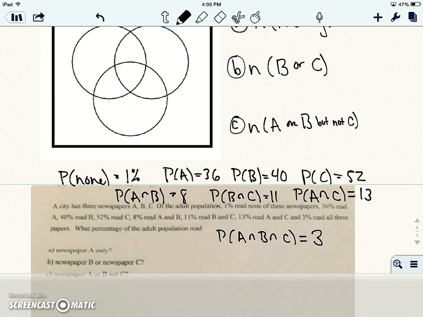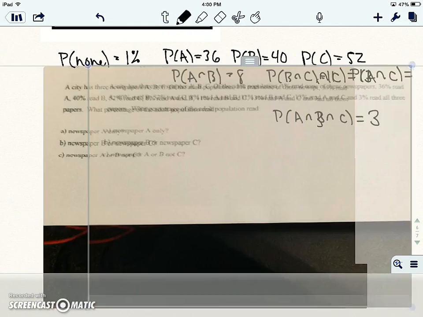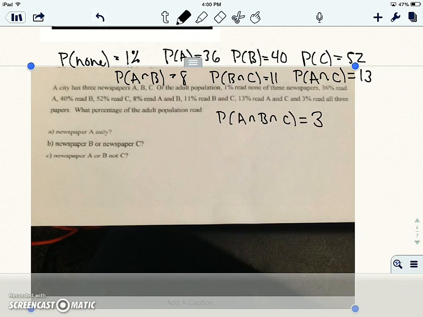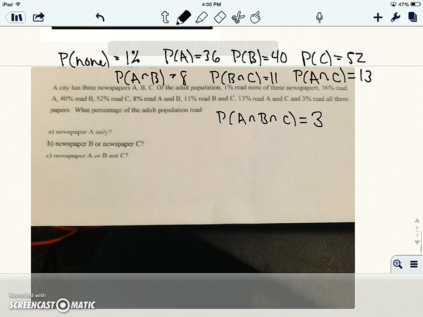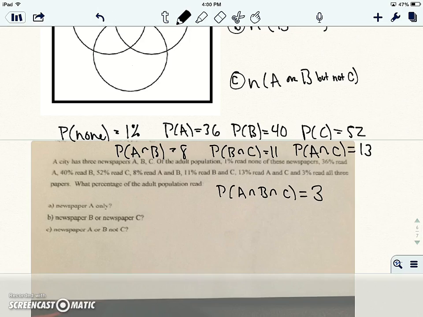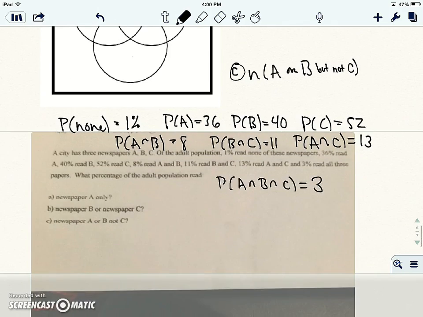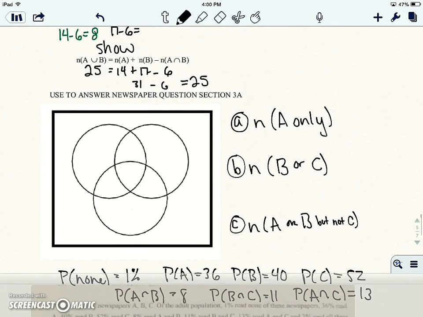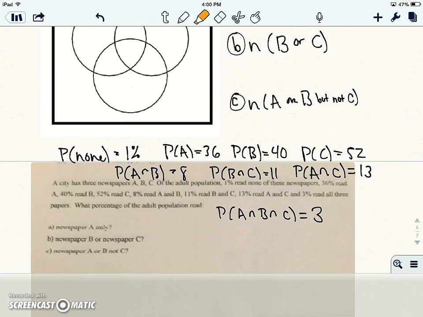And it asks some questions. What percentage read newspaper A, what percentage read newspaper A only? So that's the probability of just A. And so these are the questions transposed. The next part it says newspaper A or B, that's A or C. And then lastly, A or B, but not C, that look like that.